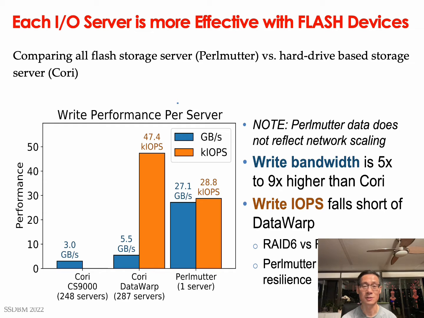Of course, one of the main reasons is Perlmutter is using RAID 6 while Cori was using RAID 0. So Perlmutter is trading lower IOPS for more resilience. However, this is one indication that, depending on the configuration, we actually get lower performance. So this is one reason why it is worthwhile to do actual measurement.